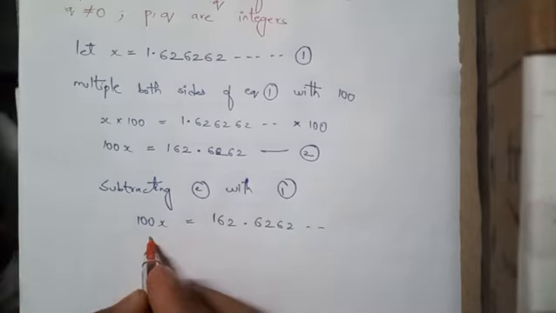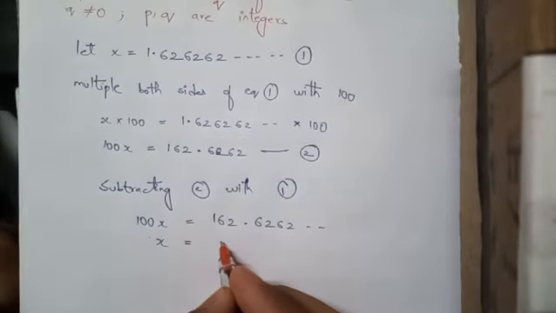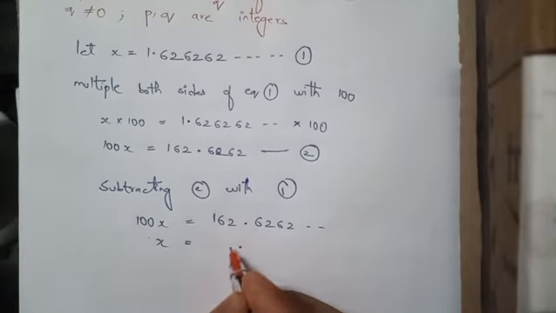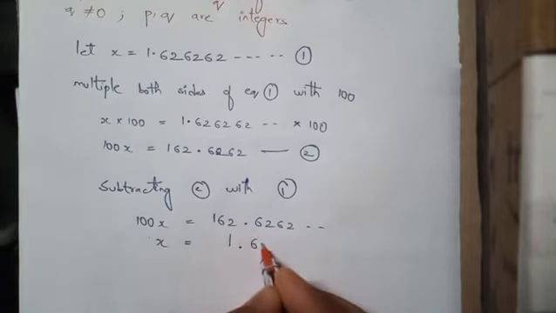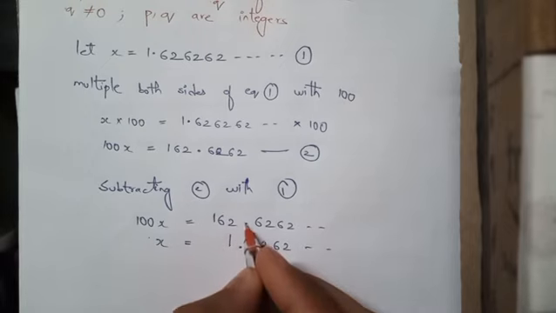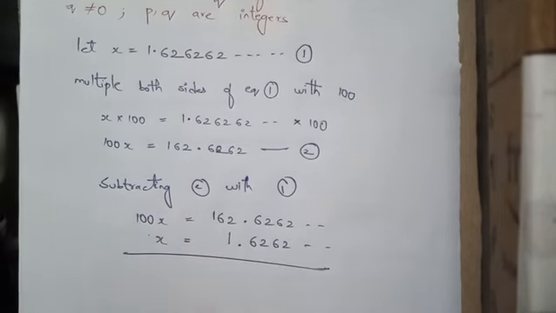What is equation 1? x is equal to 1.6262 and so on. We should write the point below the point, not in a different position. This is the procedure, this is the method, guys.